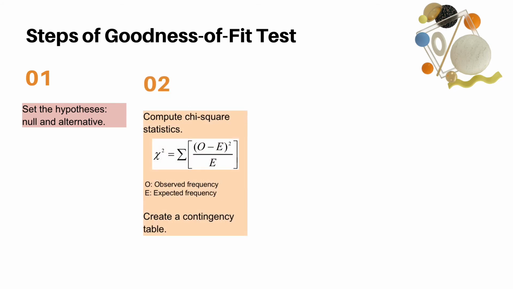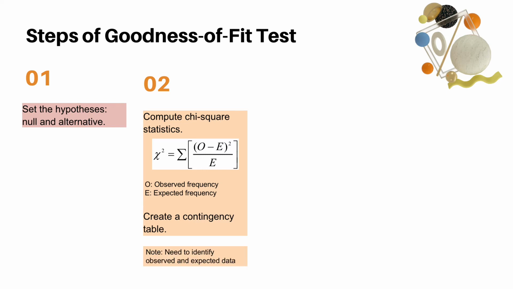As you can see, the formula of the chi-square is similar to that in the independence test, where O stands for the observed frequency and E represents the expected frequency. And also you have to create a contingency table in order to solve for the chi-square value.